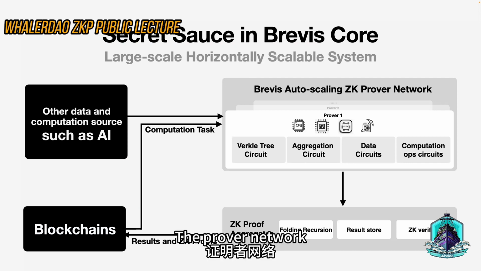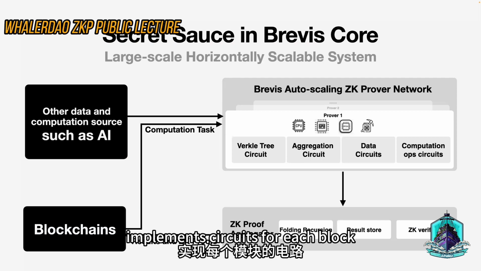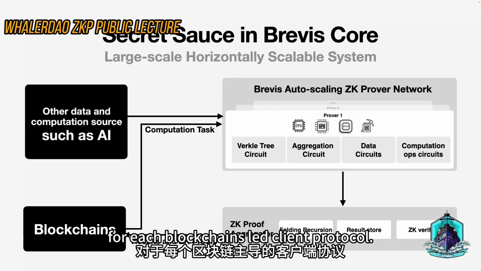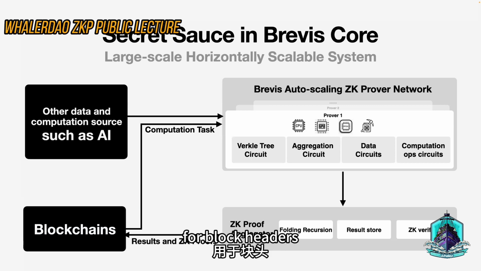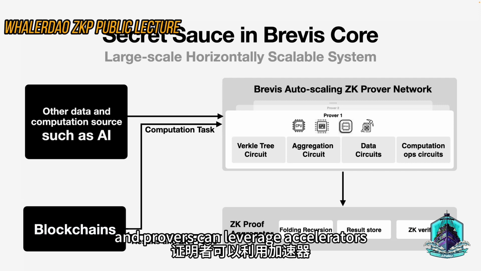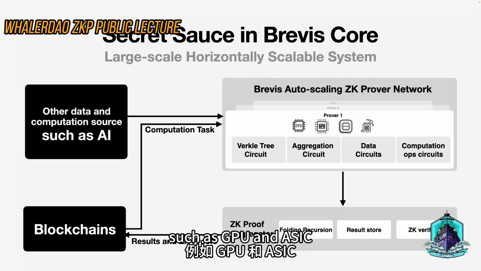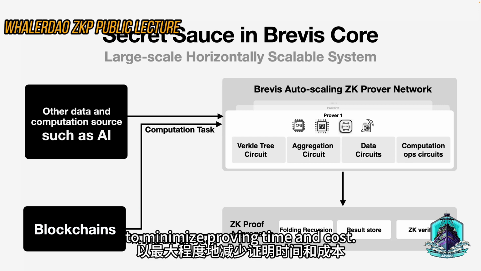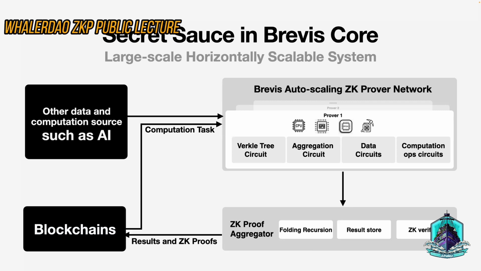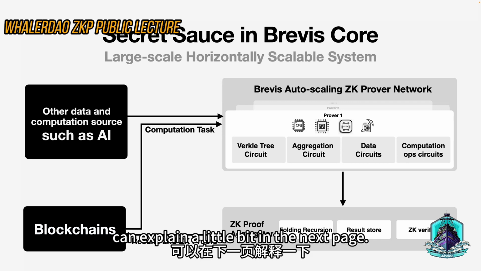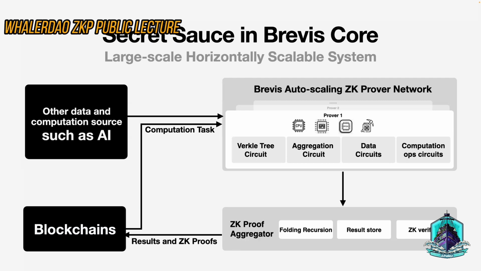The prover network implements circuits for each blockchain's client protocol. This network generates validity proofs for block headers, and provers can leverage accelerators such as GPU and ASIC to minimize proving time and cost. The currently implemented prover and circuit will be explained a little bit on the next page.